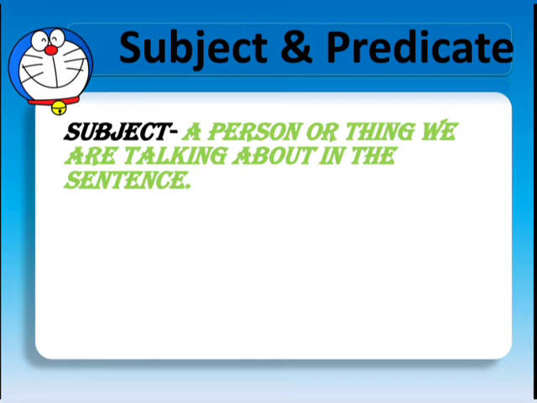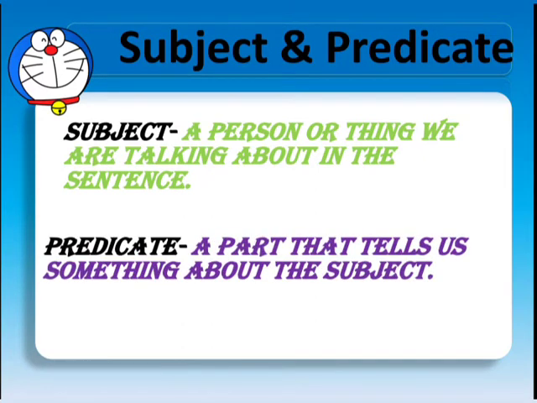In other words, a person or a thing which is doing something in that sentence is called subject. And what is predicate? Predicate means a part that tells us something about the subject, a part or a group of words which tells something about the subject is called predicate. Let's understand with the help of an example.